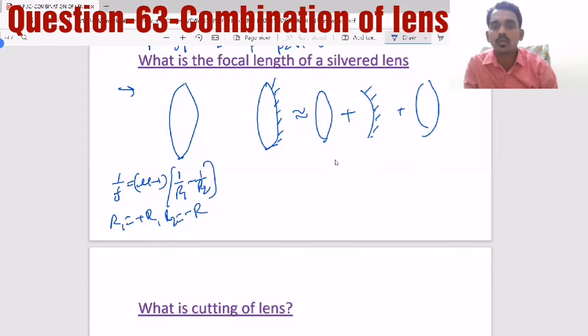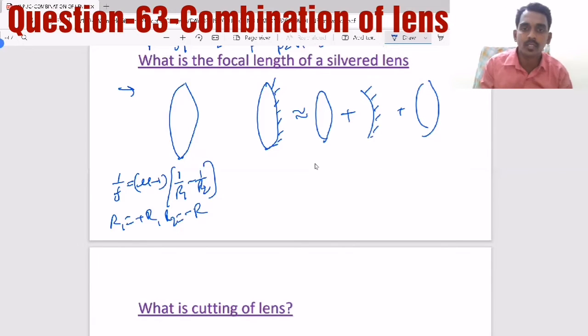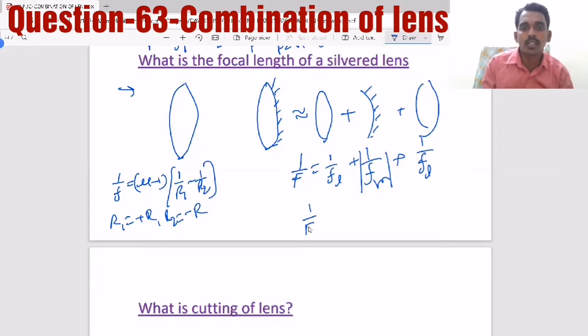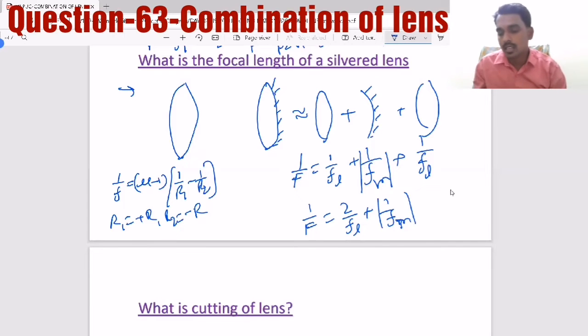It is a combination of two lens and one mirror, so the effective focal length will become 1 by FL plus 1 by FM plus 1 by FL. You have to take the magnitude. So 1 by F equal to 2 by FL plus 1 by FM. This is the effective focal length of a silvered lens.